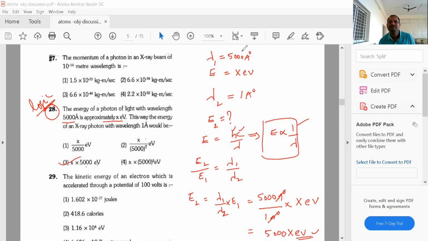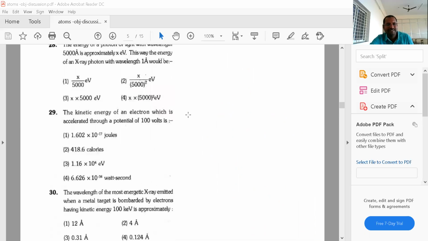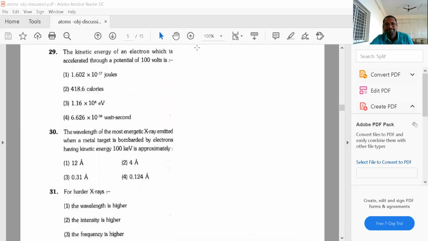Question number 29. The kinetic energy of an electron which is accelerated through a potential difference of 100 volt.